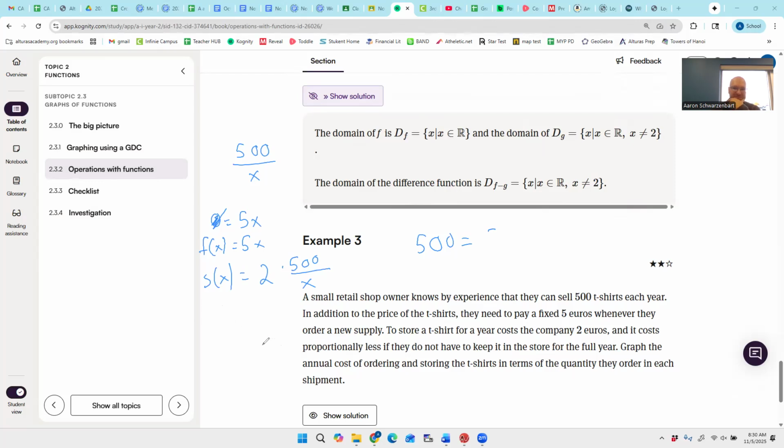But I thought it was $2 per t-shirt, not per order. This is the number of t-shirts that they're storing. So they'll be storing one shipment at a time. Theoretically, I think so.